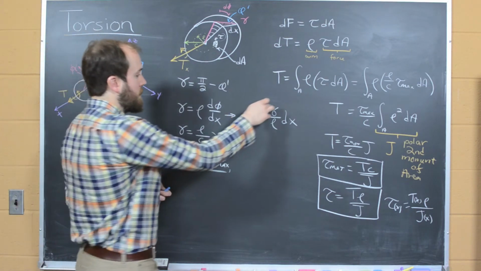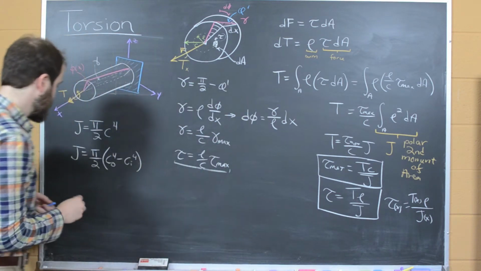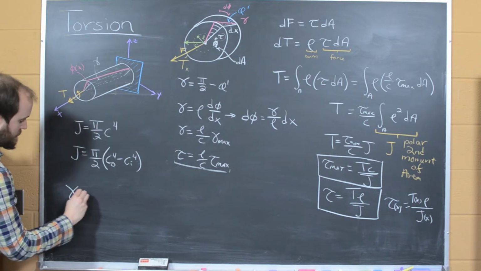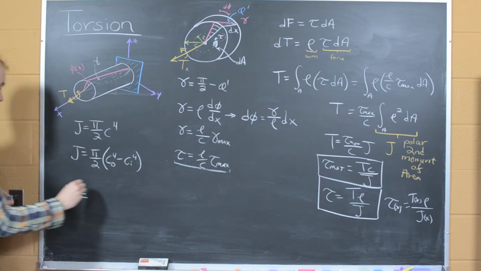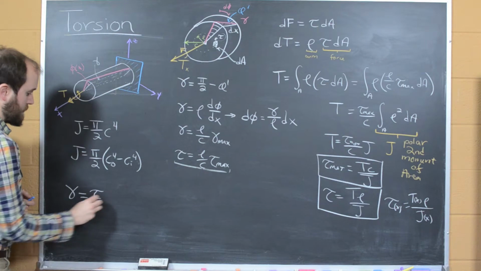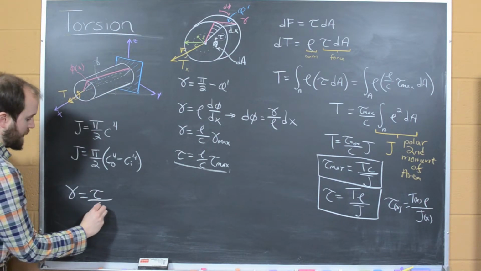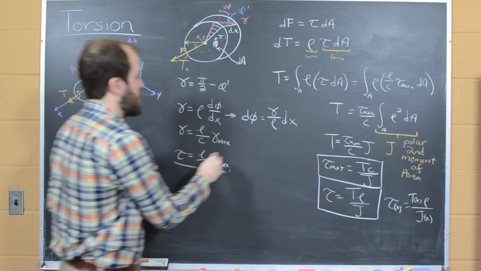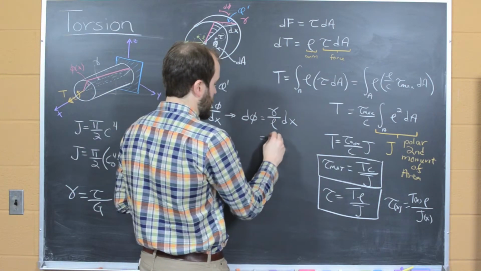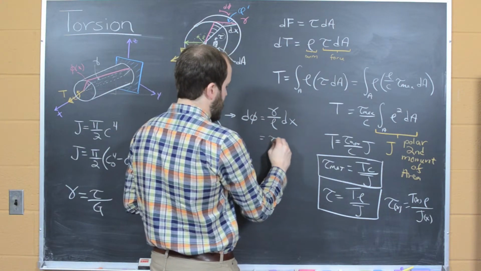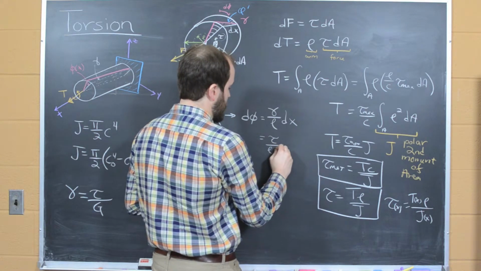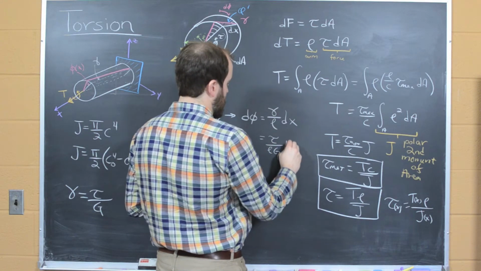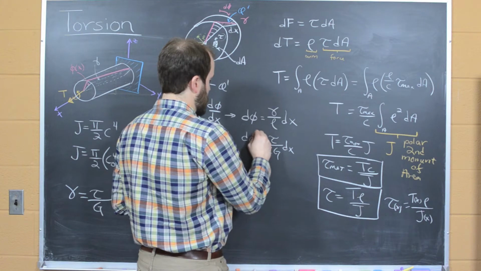Now we know that gamma from Hooke's law is equal to our shear stress over G. And so we can simply replace this with tau over rho G dx.